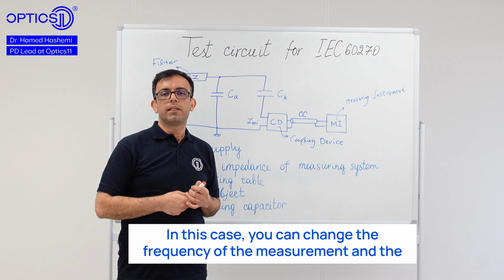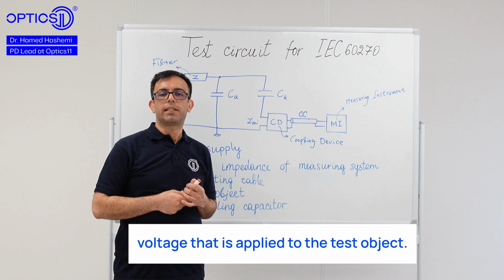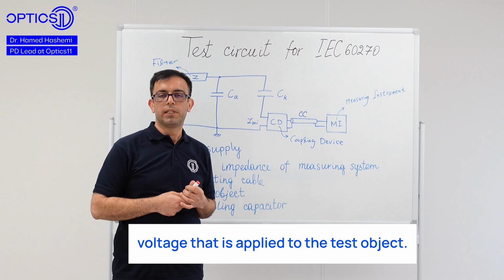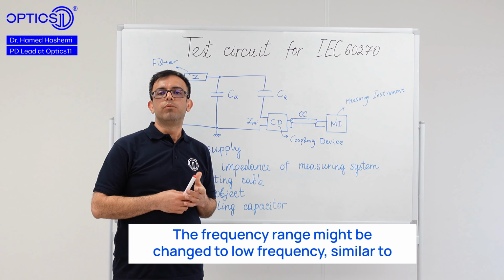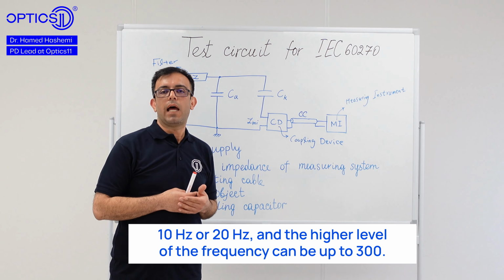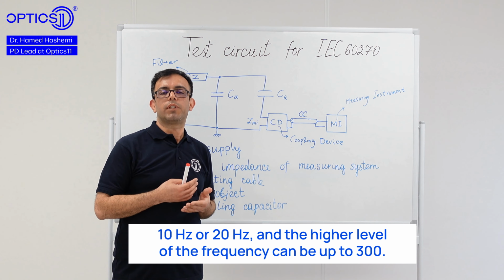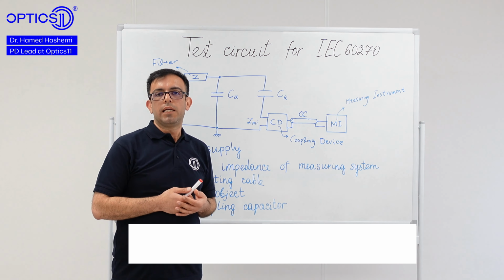In this case, you can change the frequency of the measurement and the voltage that is applied to the test object. The frequency might be changed to a low frequency, similar to 10 Hz or 20 Hz, and the higher level can be up to 300 Hz.